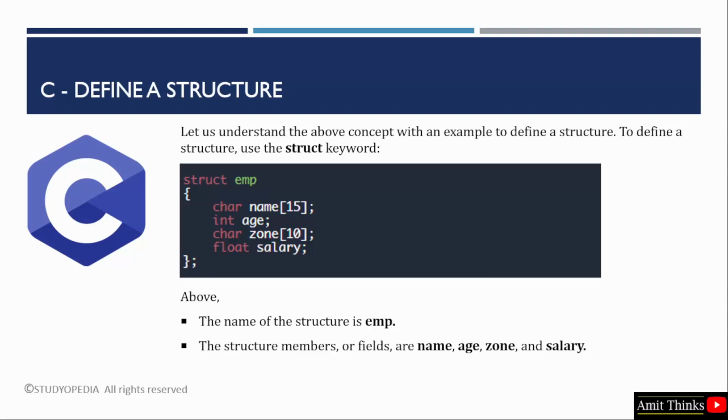Write the keyword struct, then space, and after that mention the structure name. Here it is EMP. Within that you need to declare your variables. These are called structure members or fields. Like here we have name, age, zone and salary. So this is how you can define a structure in C.